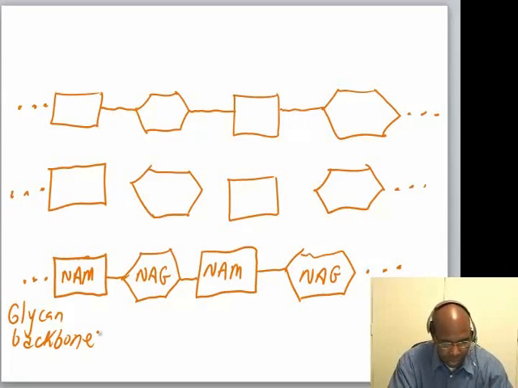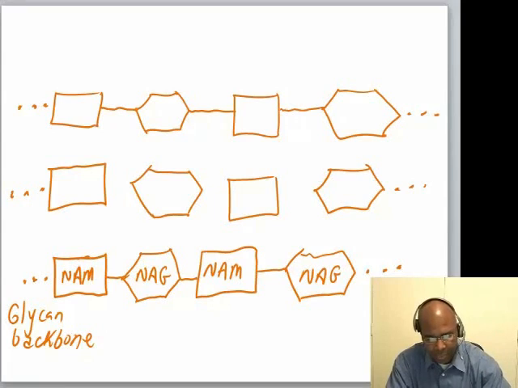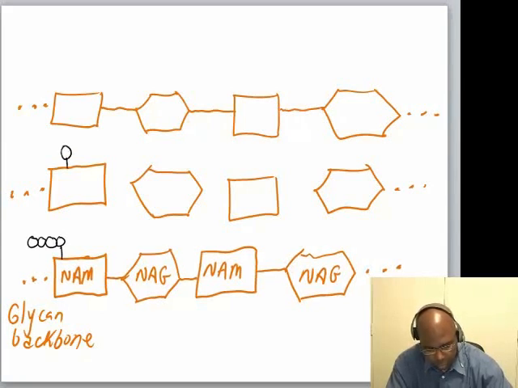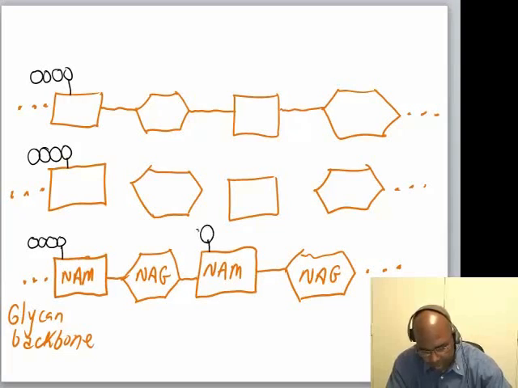Now, attached to each of our NAMs, our N-acetyl muramic acid, is going to be a peptide. We'll make it a tetrapeptide, so it's going to go here: 1, 2, 3, 4. We're going to have the same thing attached to all of our NAMs.